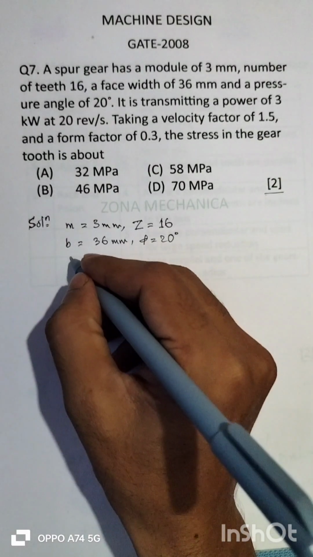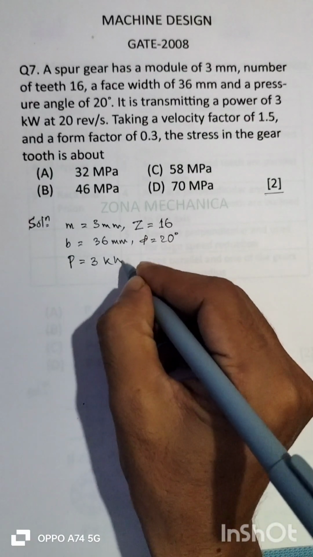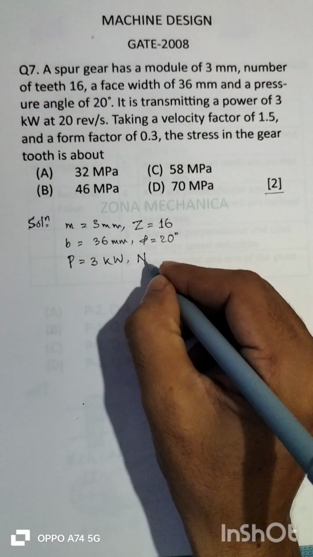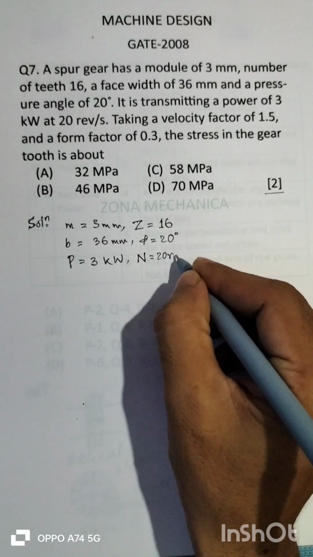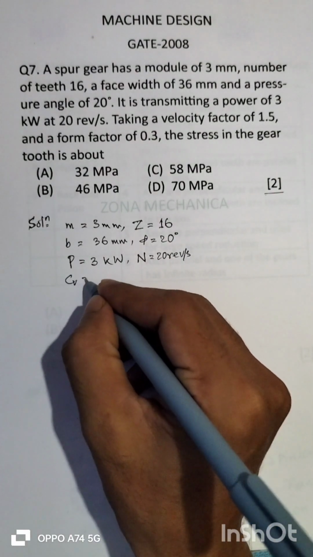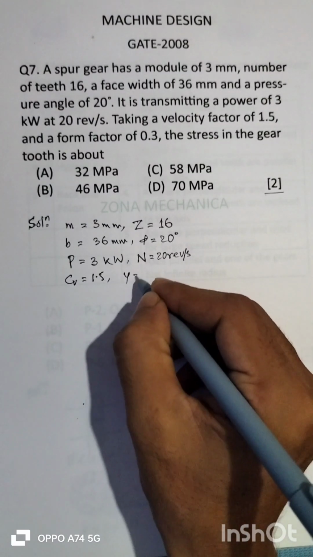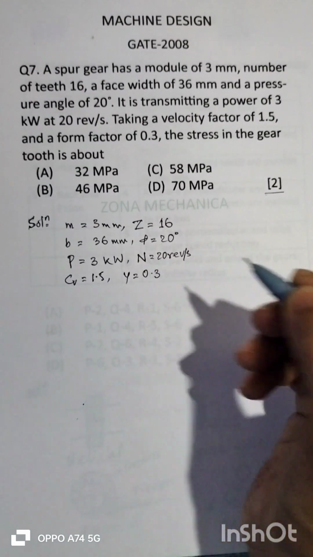Power transmitted is 3 kilowatt, the speed is 20 revolutions per second, the velocity factor Cv is 1.5, and the form factor y is 0.3.